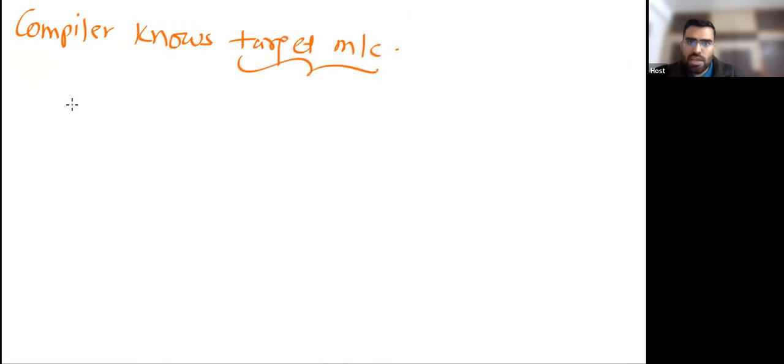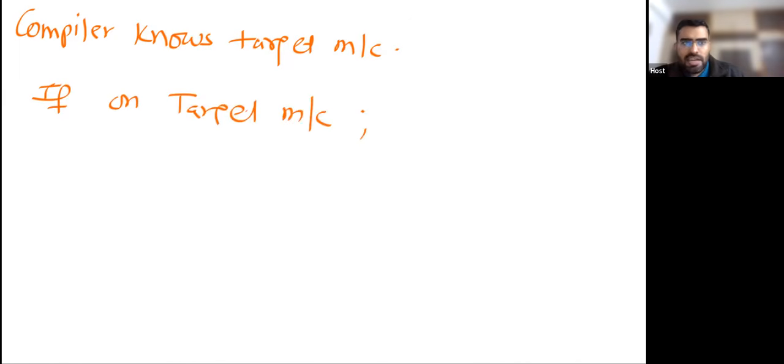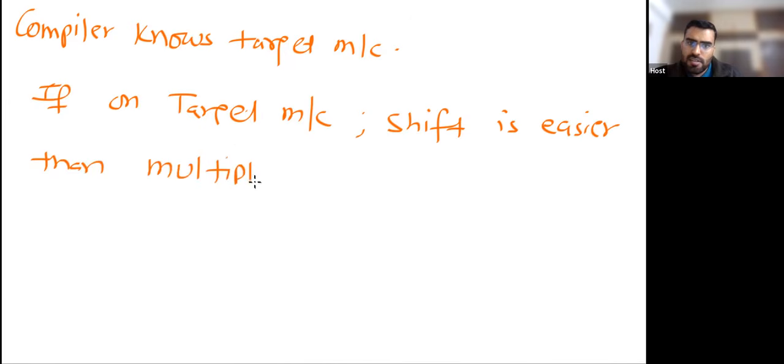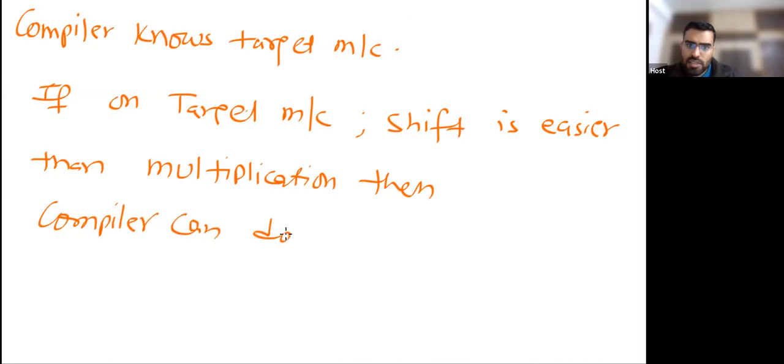Now if on the target machine, let us assume, shift is easier than multiplication, then the compiler knows this and can act on it.